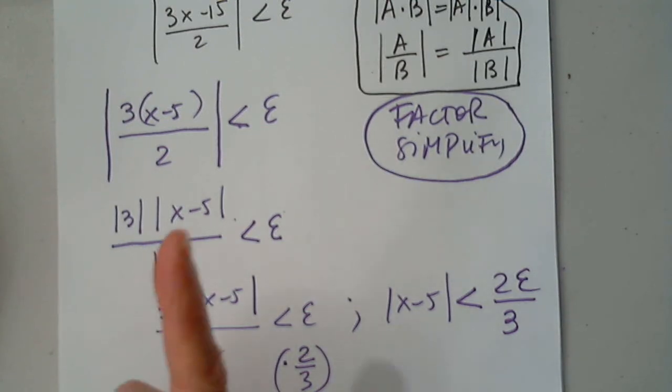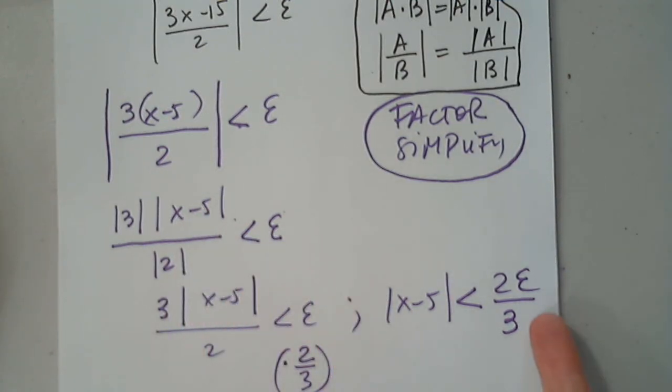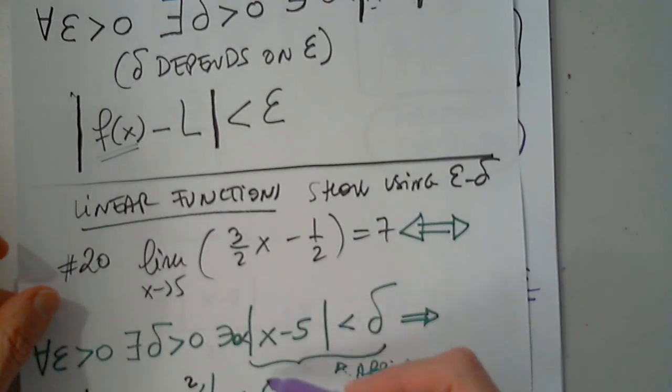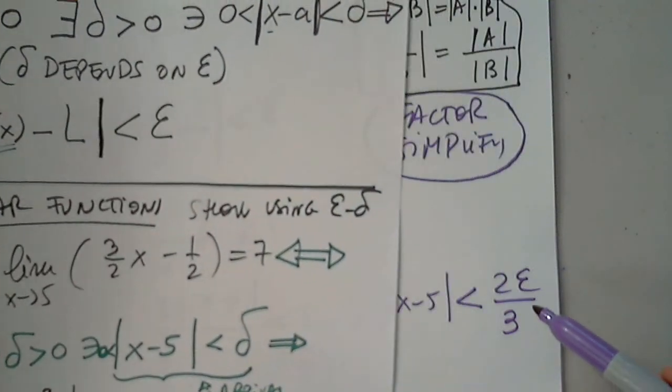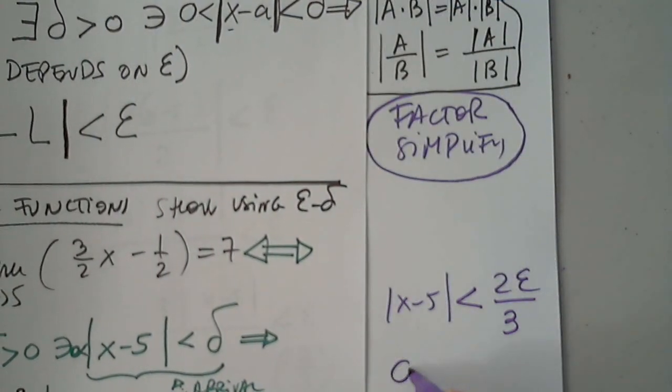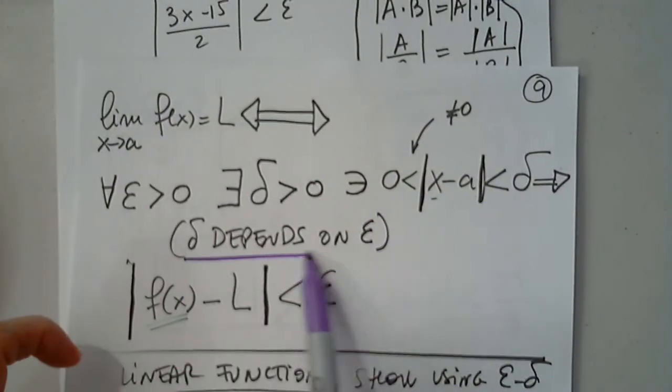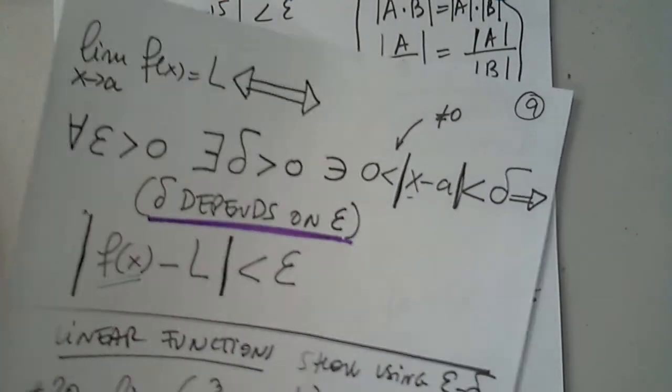Multiply both sides by 2/3. 2/3 times 3/2 is 1, but I have to multiply on the other side. And now please compare this to this and tell me what delta must be. Always remember, delta depends on epsilon.